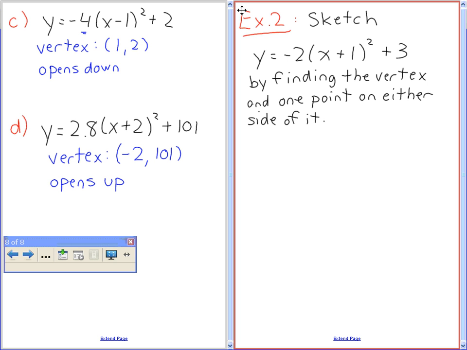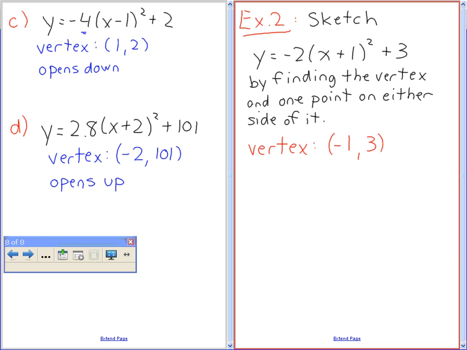Pausing, pausing, pausing, and going. Okay. My vertex. Lisa, what is my vertex, please? Very good. -1 and 3.